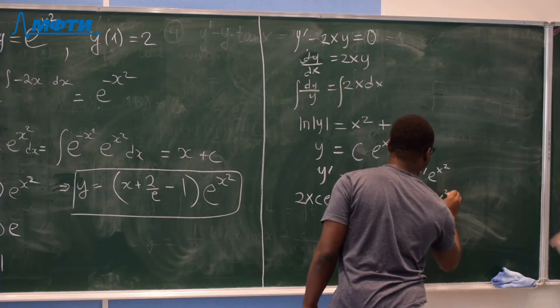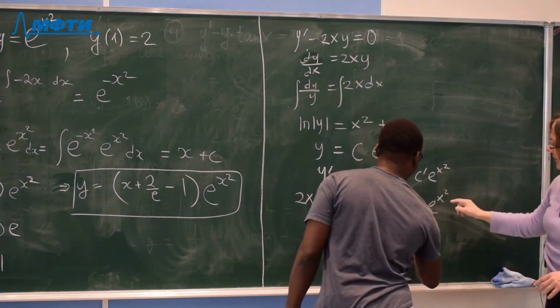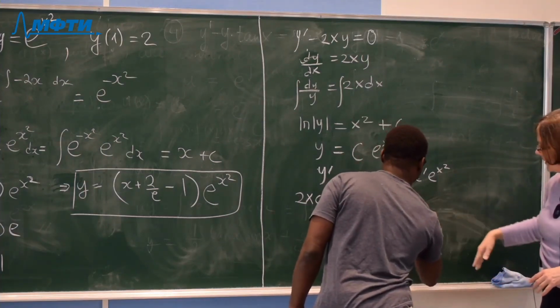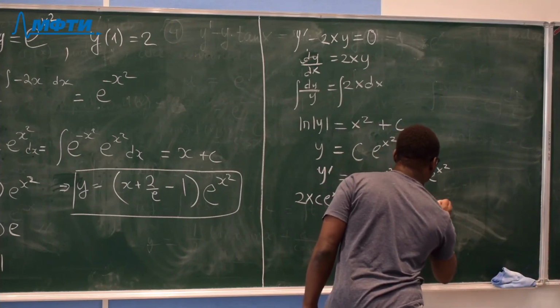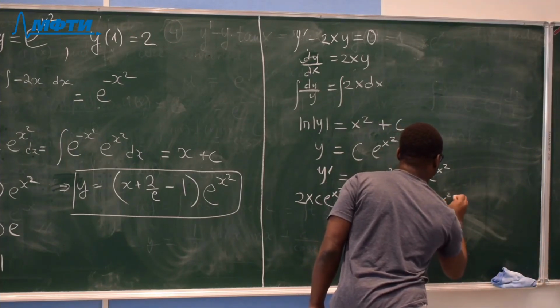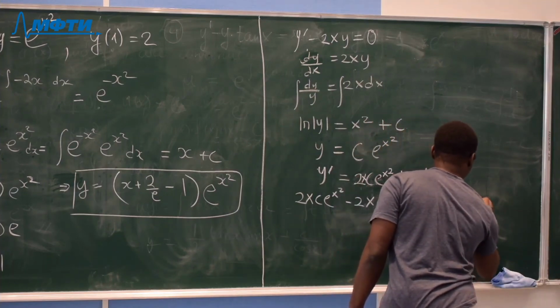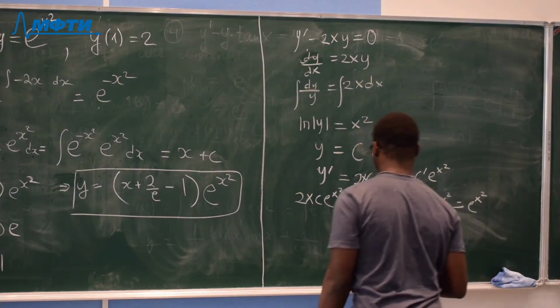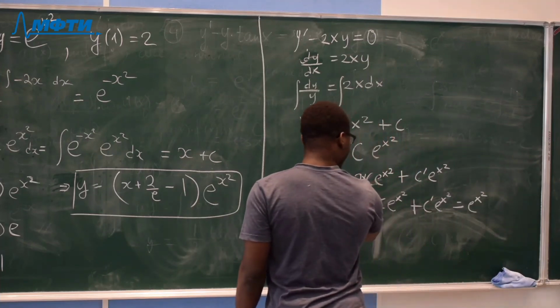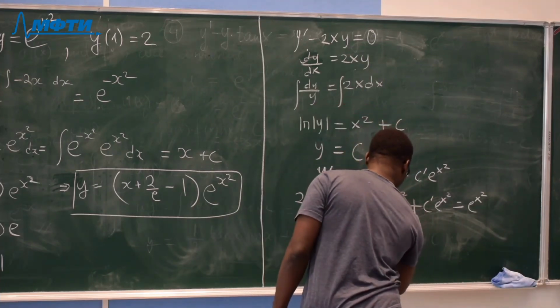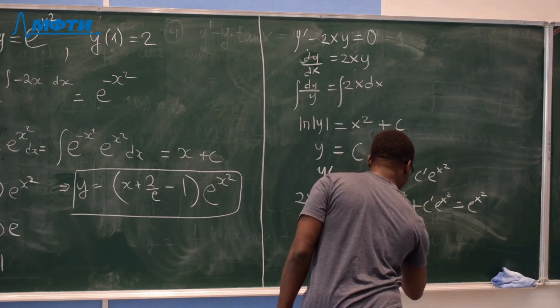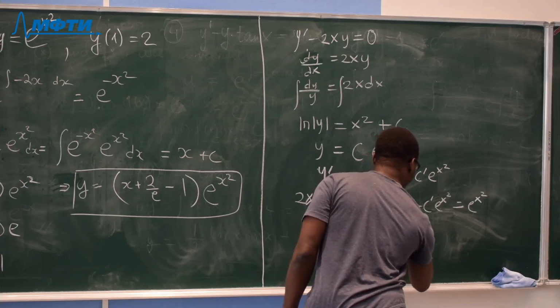Okay, and where is, so we have forgotten. You missed this. e to x squared. Then cancel out these factors, and we have C prime equals 1, right?